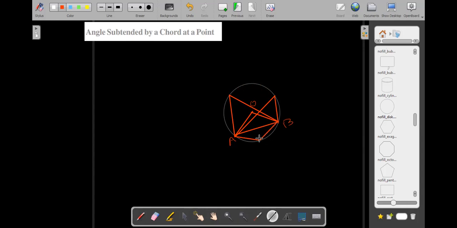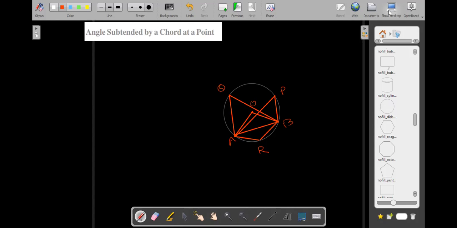So I have shown point O, point P, point Q, and point R. This is making an angle at the center and also at other points. So this is called the angle subtended by the chord at a point on the circle, and the angle subtended by the chord at the center also.